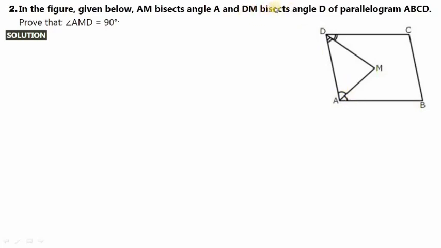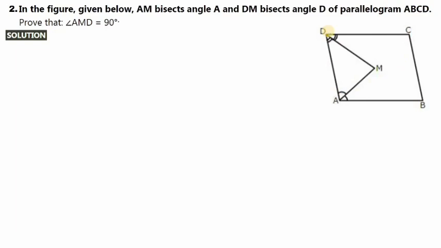And DM bisects angle D. So DM bisects angle D, and that's why this angle is equal to this angle. I hope you are able to understand the meaning of these symbols. Same kind of symbols means they are equal. Now ABCD is a parallelogram here.